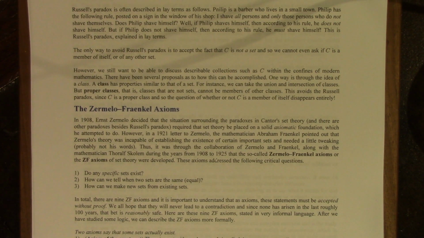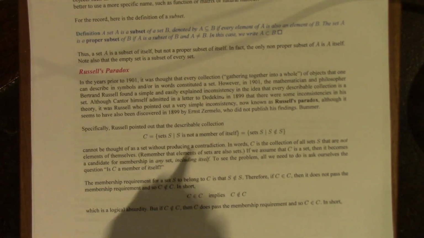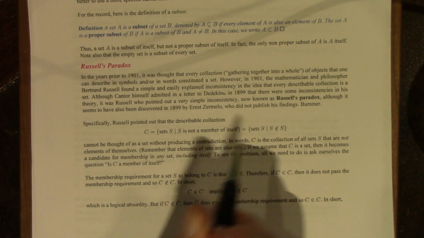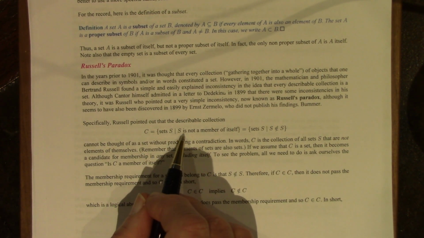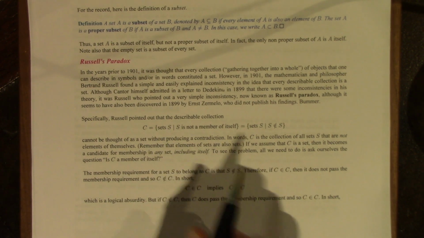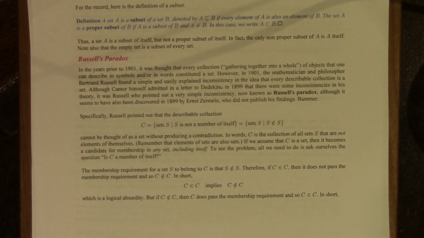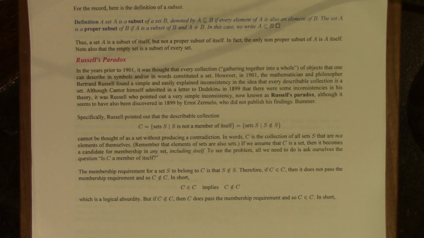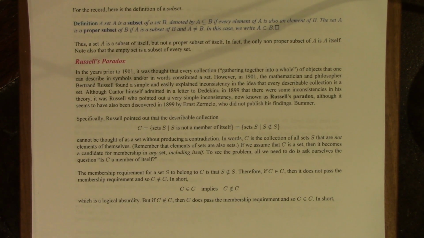And that is our loophole, because now when we look at this collection that comes from Russell's paradox, we can say this is not a set, it's a proper class. And therefore, the question, does C belong to itself, goes away, because proper classes can never be members of other classes, of any class.